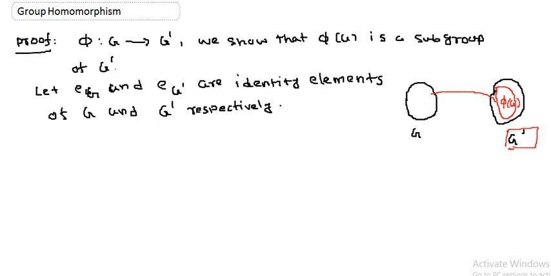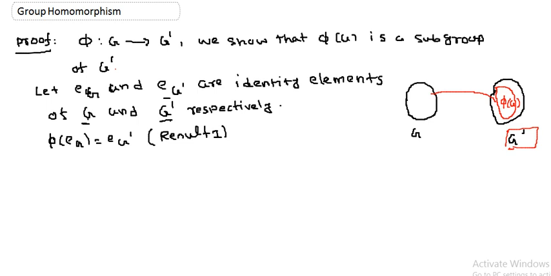So e_G is the identity element of the group G and e_G dash is the identity of the group G dash. Now from our previous result, we know that the image of the identity element of the group G is the identity element of the group G dash. This is result 1 of the topic group homomorphism.